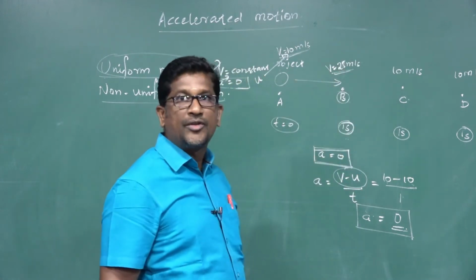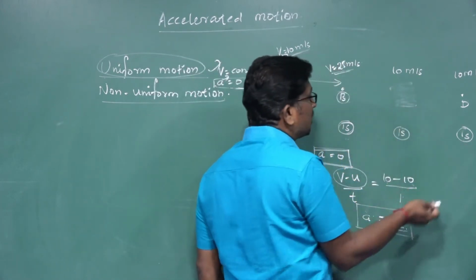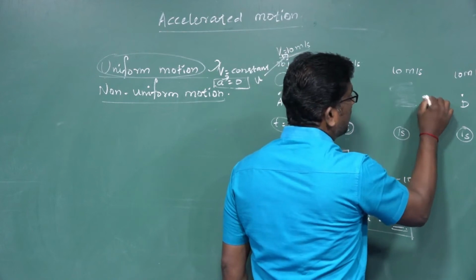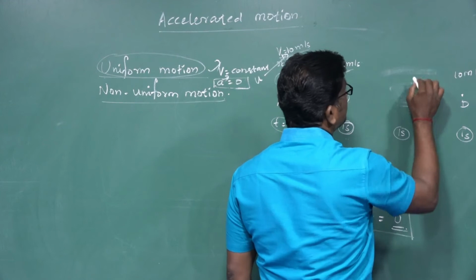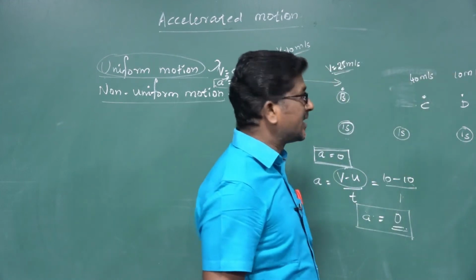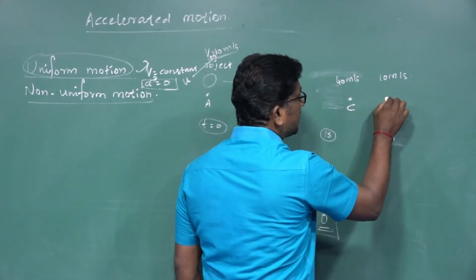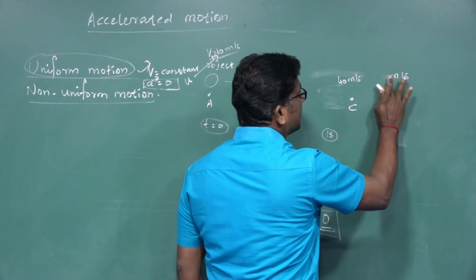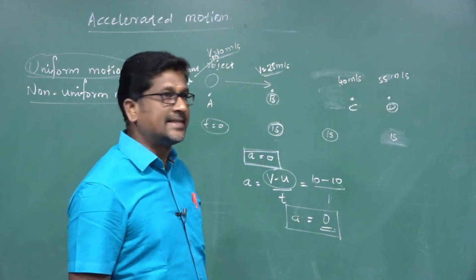After another 1 second, the particle reaches the point C with a velocity of 40 meter per second. After one more second, the particle reaches the point D with a velocity of 55 meter per second.